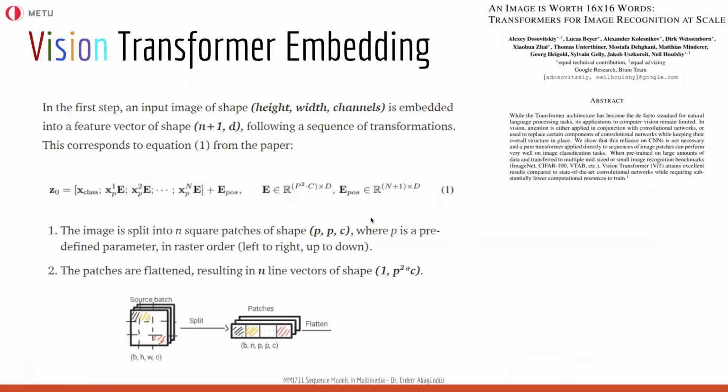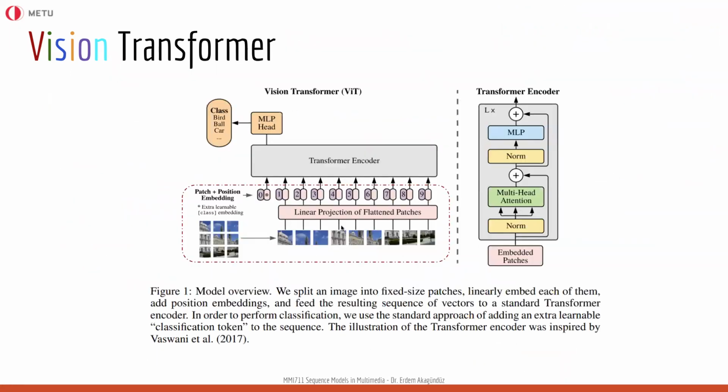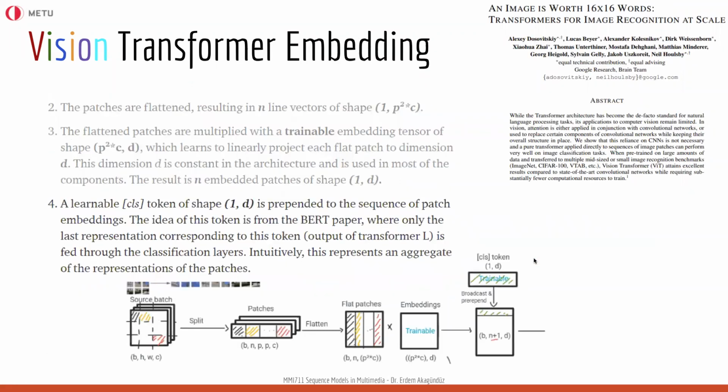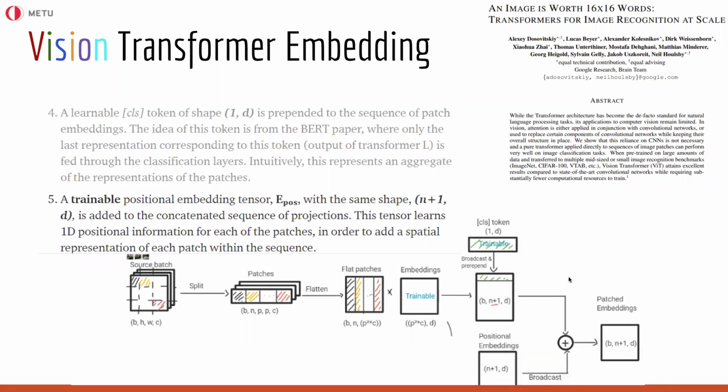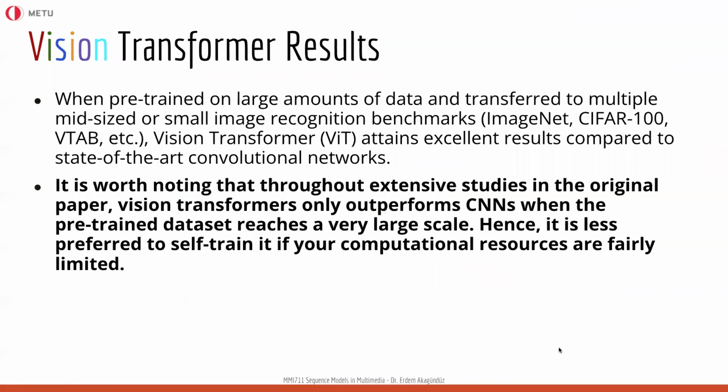They are being fed to the transformer. So this is the strategy used: the class token with two-dimensional patch embeddings, splitting them, nothing else.